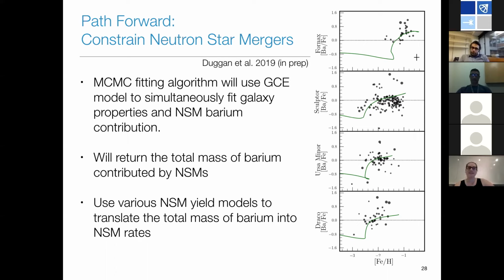But the KS test should certainly be done when I do my fits, and that's under future work. But I think it's undeniable, at least with what I've shown you, that neutron star mergers are the most promising out of the AGB stars and core collapse for where this barium is coming from.